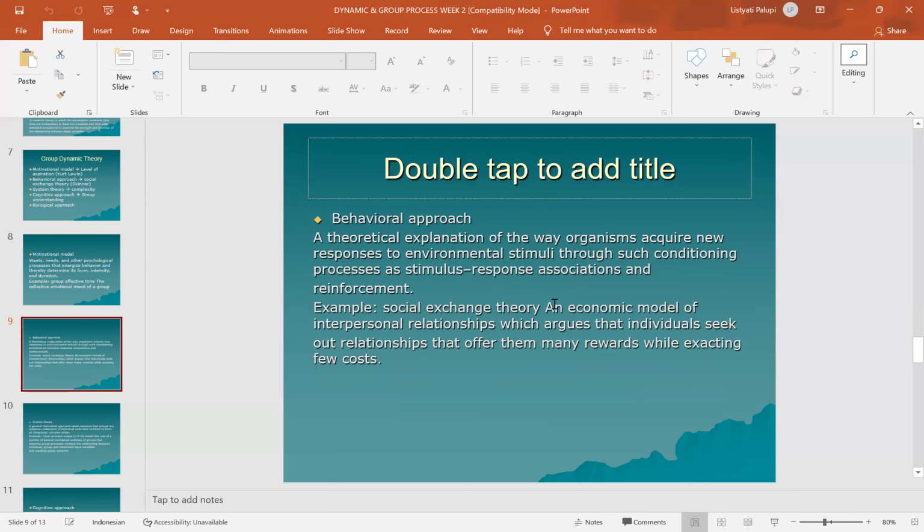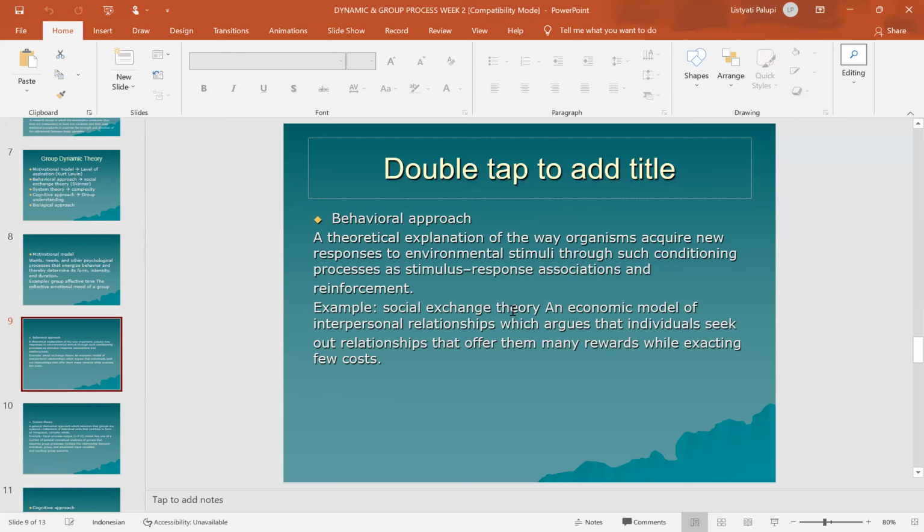The example is social exchange theory. Social exchange theory is an economic model of interpersonal relationship which argues that individuals seek out relationships that offer them many rewards while extracting few costs.